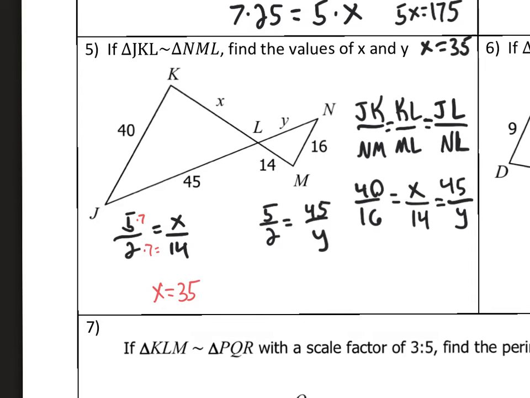And to find y, I'm going to do the same process. 5 times 9 is 45. 2 times 9 is 18, so y will be 18. It's just another way to solve proportions. You don't always have to use the cross product.